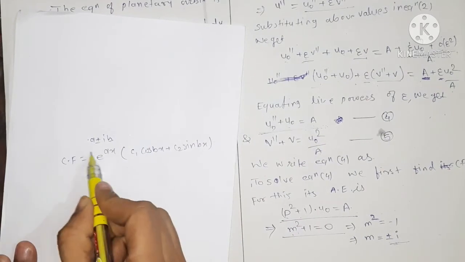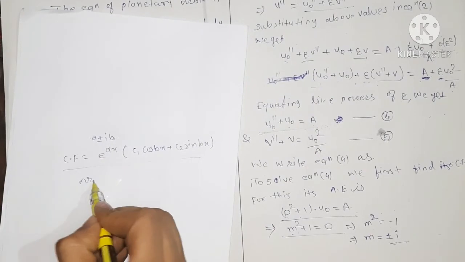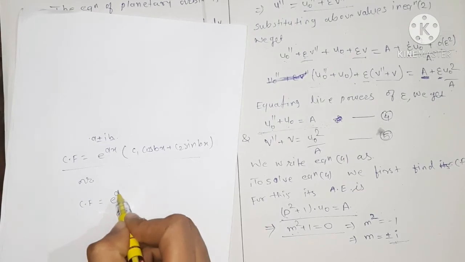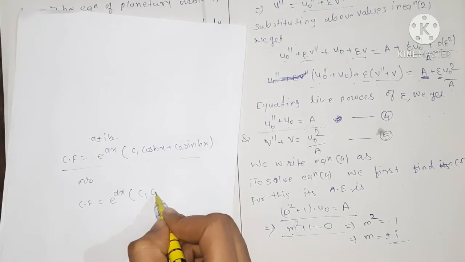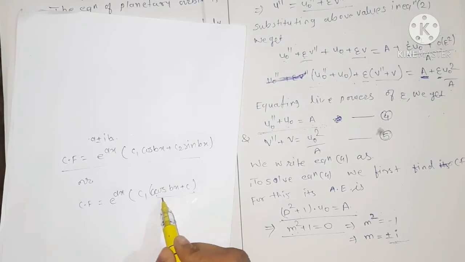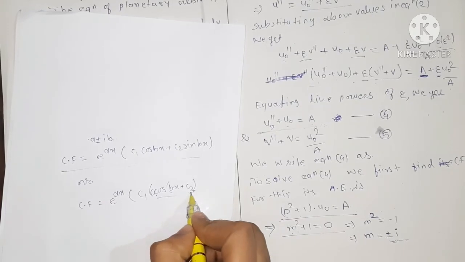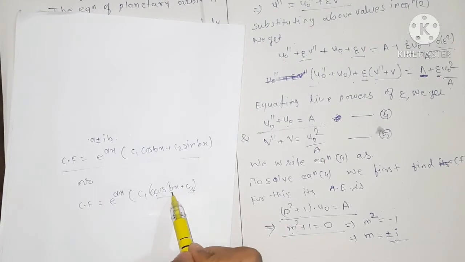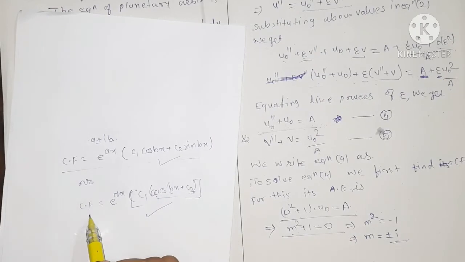Okay, so this is the form when the root is a plus minus ib, or the complementary function can be written as e to the power ax in bracket c1 cos bx plus c2, where b is our imaginary part. So it may be written in this form or in this form. These are the forms of the complementary function.